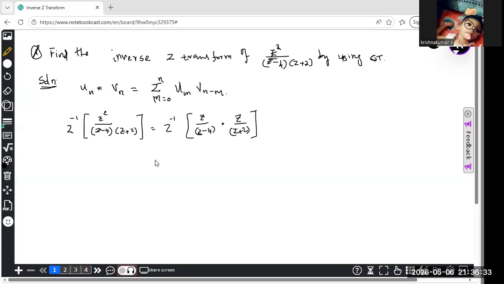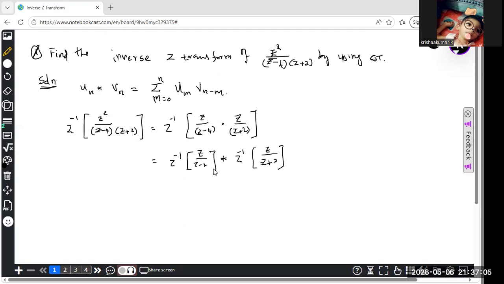To find the inverse Z transform of a product of two functions, first you find the inverse Z transform of each function and take the convolution. So here you look at the inverse Z transform of the first function z by z minus 4, and of z by z plus 2, and you apply this convolution.